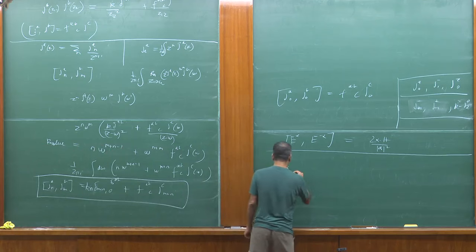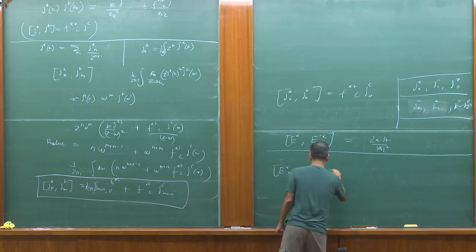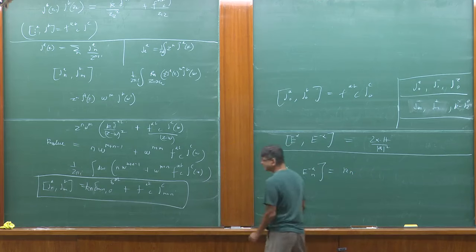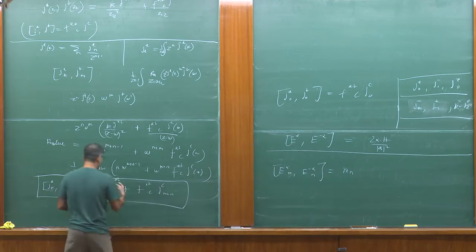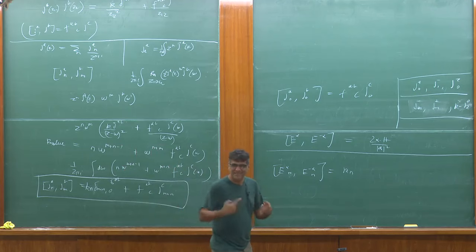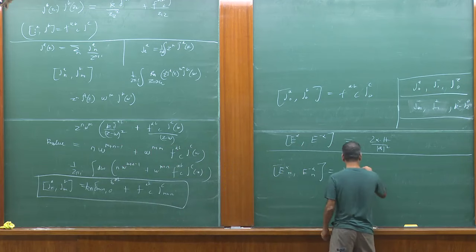So E alpha of M, E minus alpha N. This thing is equal to Kn. That's good. Then we got this delta AB, but delta AB was giving us a norm. For these two, the effective norm is 2 by mod alpha squared.